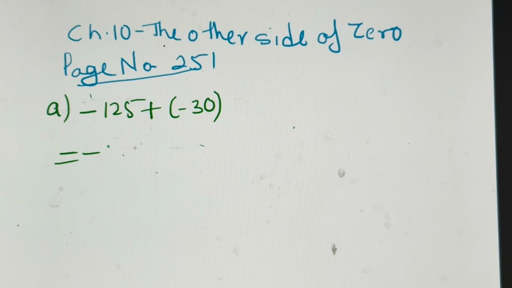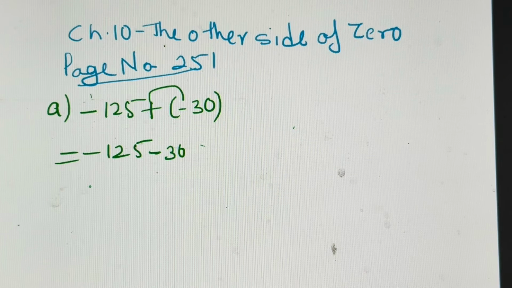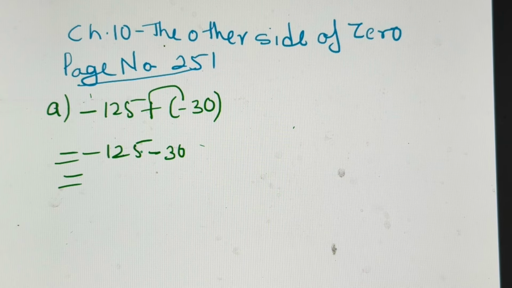Minus 25 remains minus 25. These two signs convert to a minus sign, because plus minus is minus 130. Same sign means addition. So we add 125 and 30, which gives you 155. We put the sign of the greater, so it is minus 155.